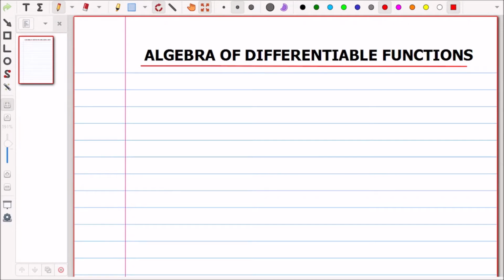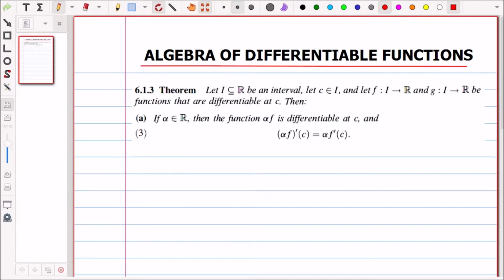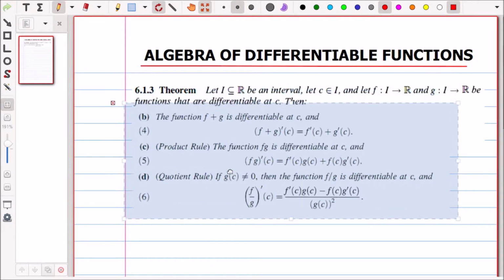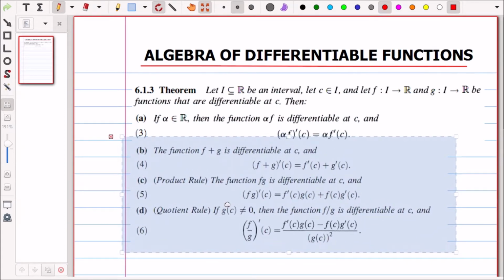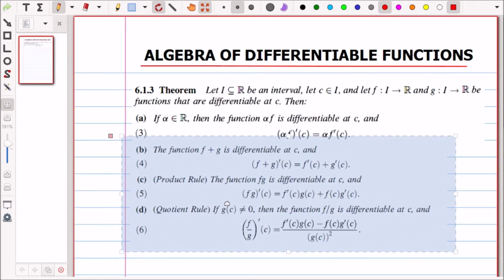So let me just give you the statement of the theorem. The first statement is that if you have any differentiable function and if you multiply it by some scalar, then that function also is differentiable, and the derivative is nothing but the scalar multiplied by the derivative of the original function, right?